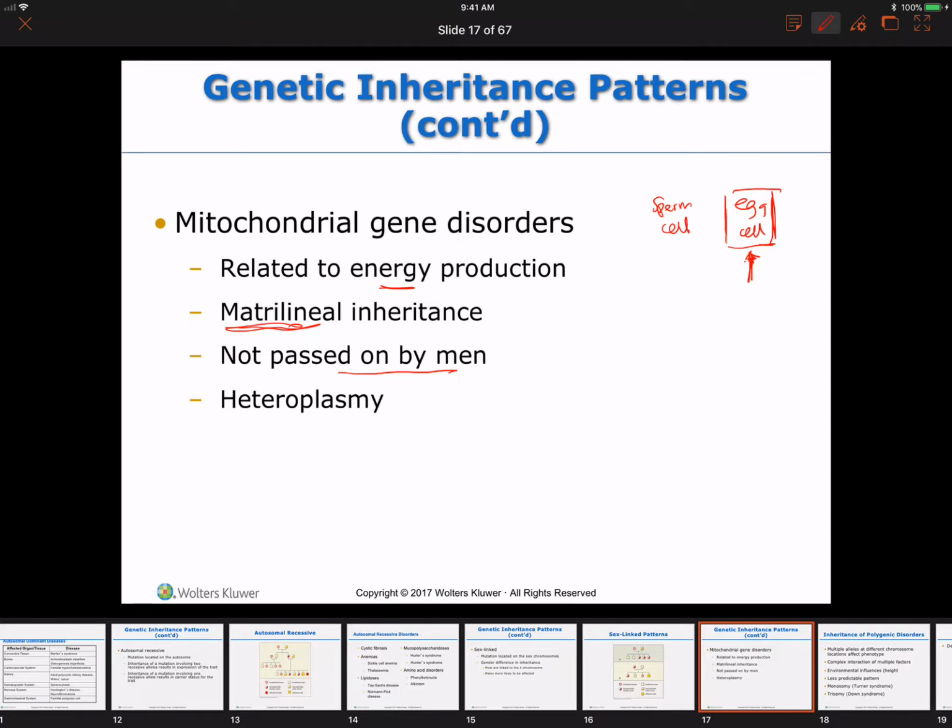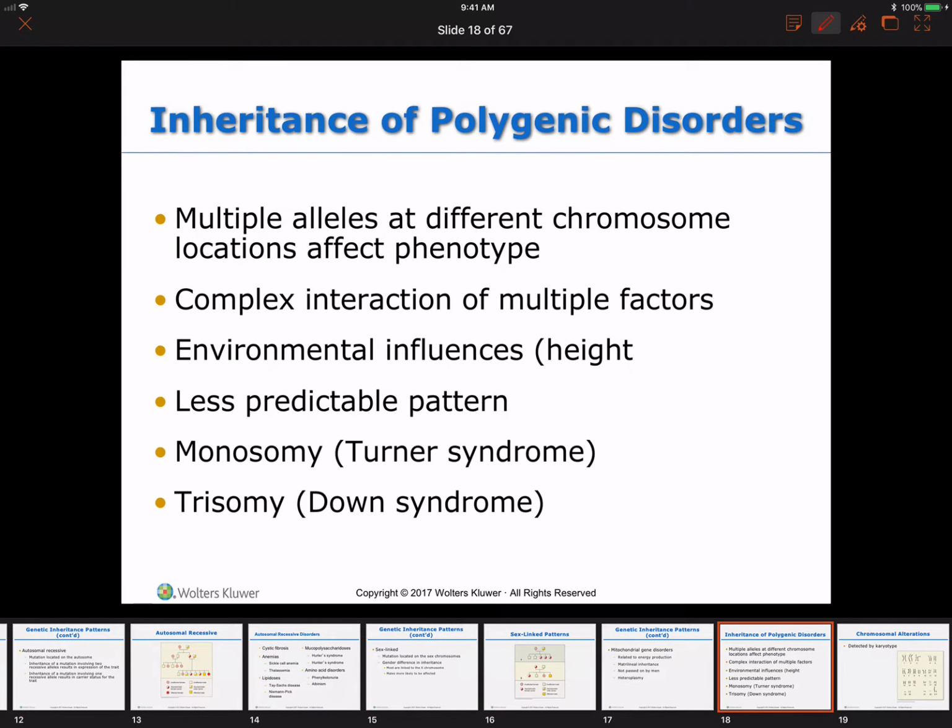Now, more relevant probably for your scope are the polygenic disorders, or inheritance that would apply to polygenic disorders. What does that really mean, polygenic disorders? Well, basically, this is a type of genetic disorder where we see involvement of multiple alleles.